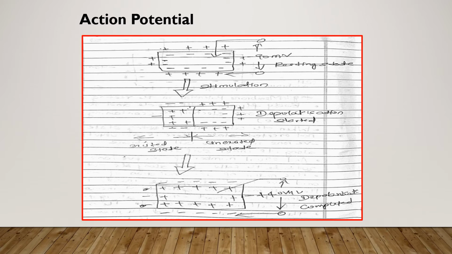Depolarization of the cell is the phase of cell excitation where the membrane potential changes from minus 90 millivolts to plus 40 millivolts. Repolarization of the cell is the phase where the membrane potential changes from plus 40 millivolts back to minus 90 millivolts.